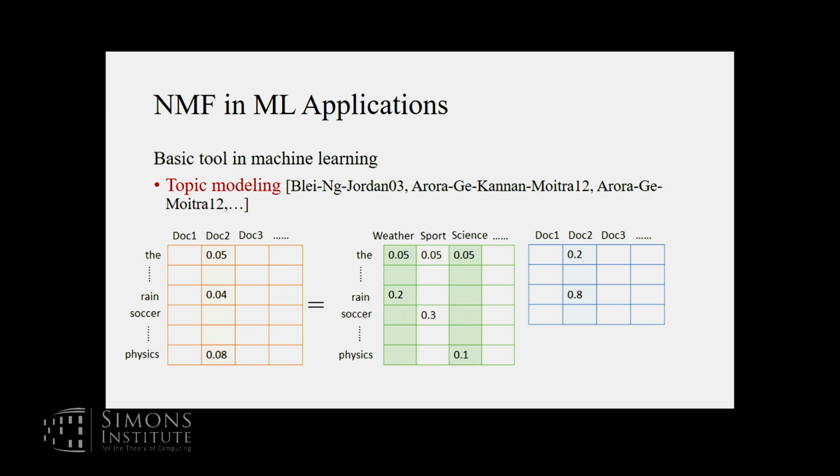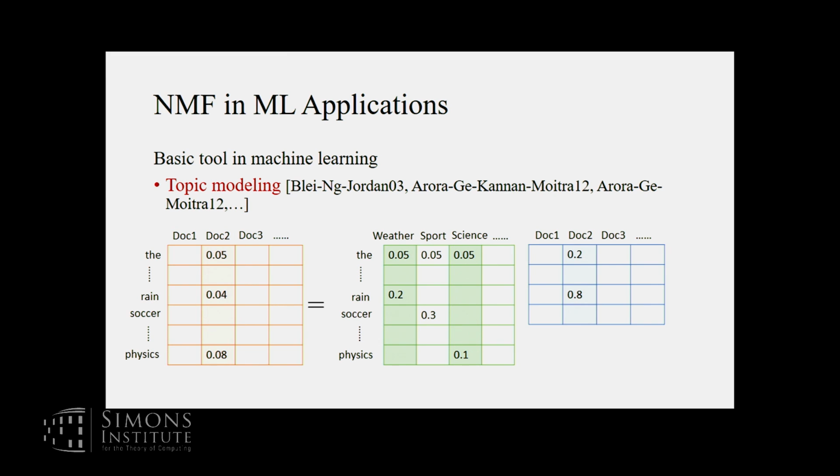And in this X matrix, each column corresponds to a document, and it's just the mixing coefficients of the topics in this particular document. Let's say this document has 0.2 fraction of the topic weather and 0.8 fraction of the topic science.